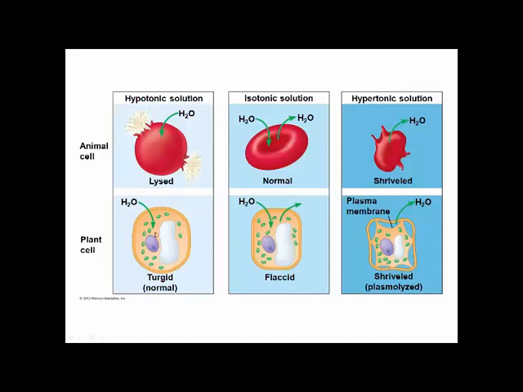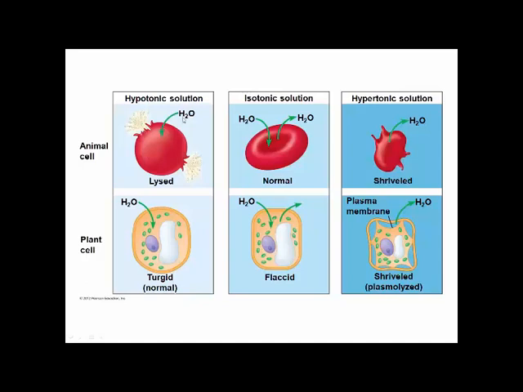In the case of plant cells, lysis isn't a problem because of the cell wall and because the vacuole stores up all the water. This is why we store red blood cells. We don't store red blood cells in pure water. We have to store red blood cells in some sort of salt solution with a concentration that is isotonic, or in the same concentration of solute as the cytoplasm of these red blood cells.